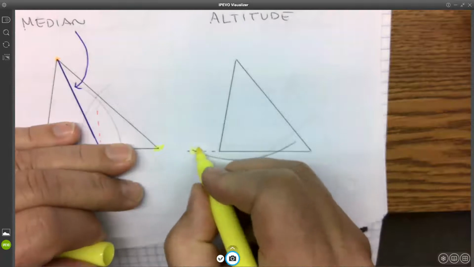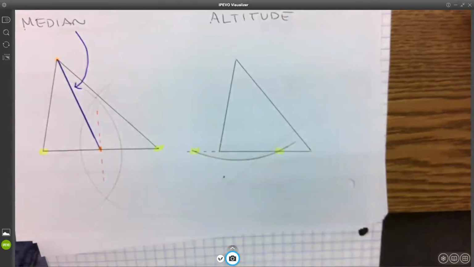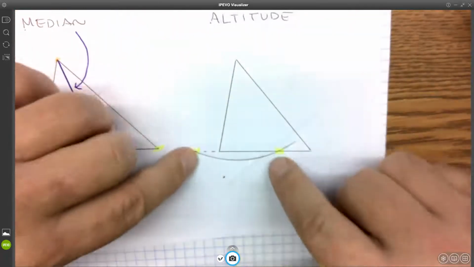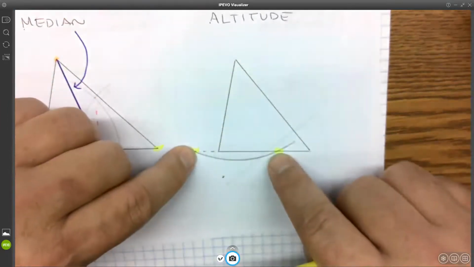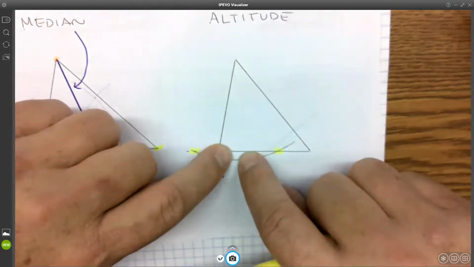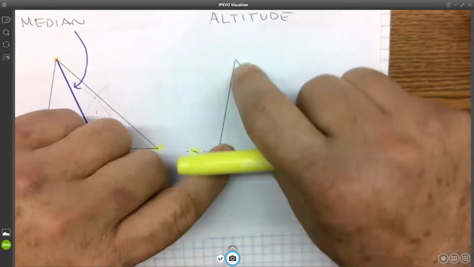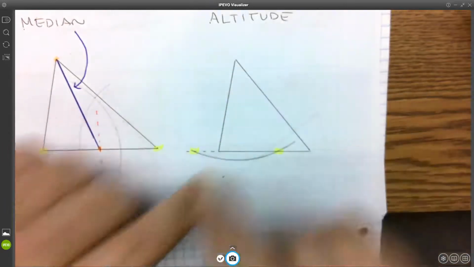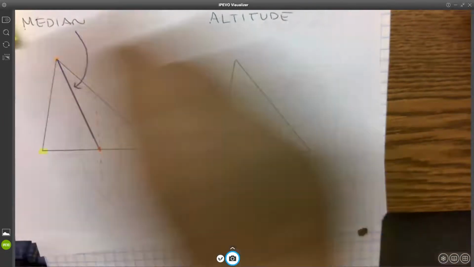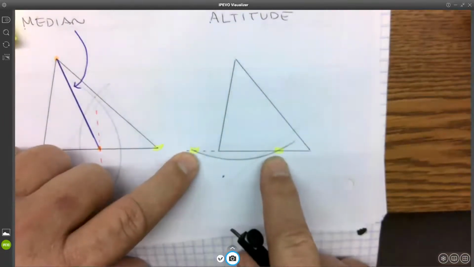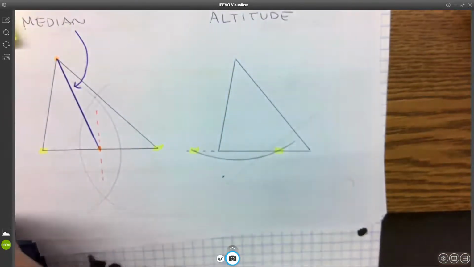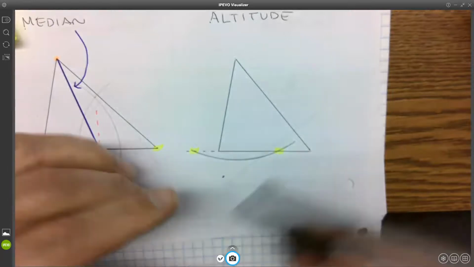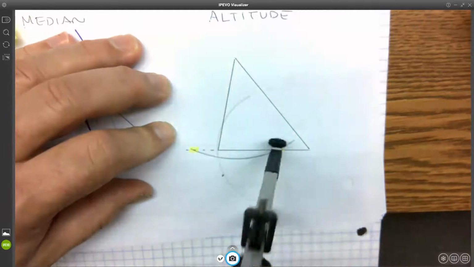But just like we just learned with the perpendicular bisector theorem, if those lengths are the same, which we just forced them to be, then when I find that midpoint, it'll be perpendicular. So now from these two yellow points, what do I do? The perpendicular bisector. More than halfway, make my football.